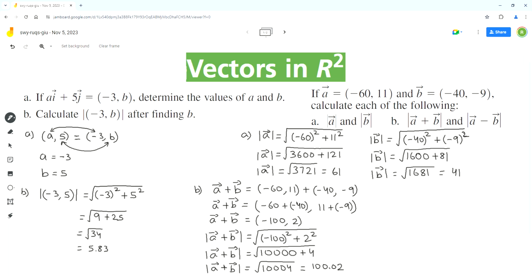So I rounded the answer to 2 decimal places. So this should be the final answer for the magnitude of a plus b.